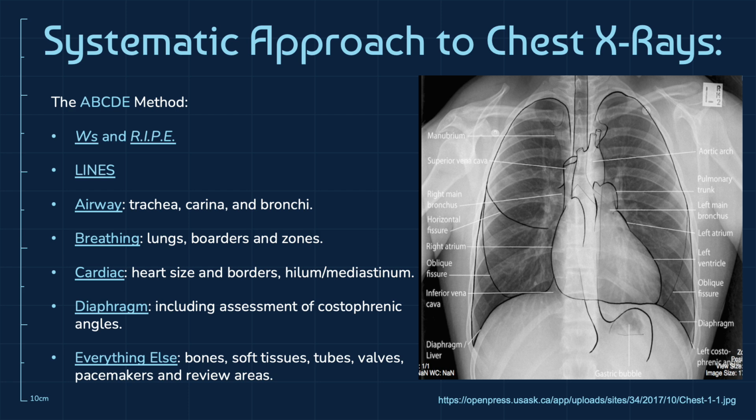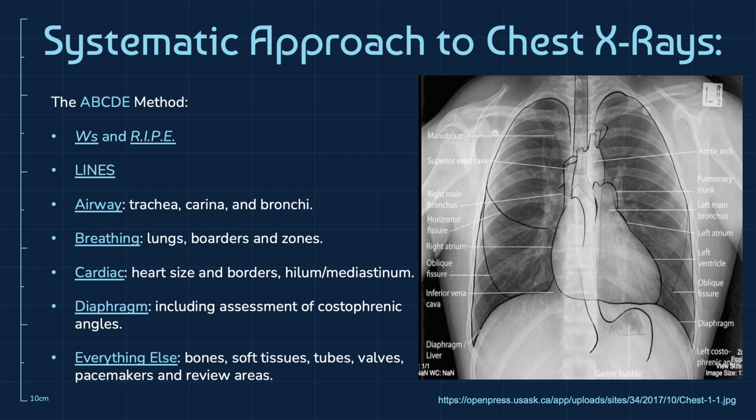D is for diaphragm, where you assess the hemidiaphragms and the costophrenic angles. And then E stands for everything else. It's not our favorite, but it works to help look at bones, soft tissues, tubes or lines again, valves, pacemakers, other devices that might have been inserted, and any particular points that the physician or the doctor who ordered the radiograph is concerned about.